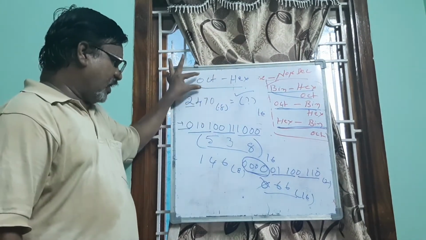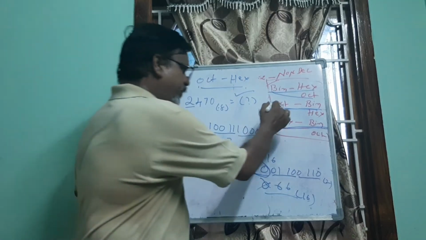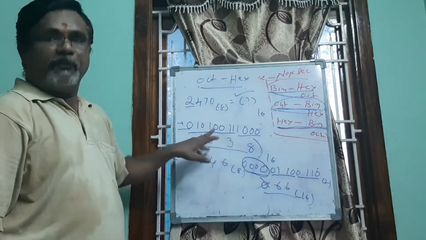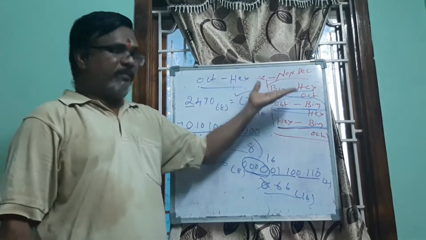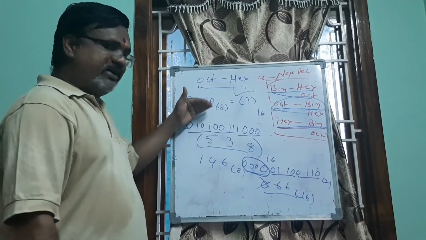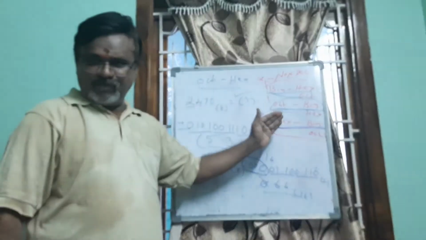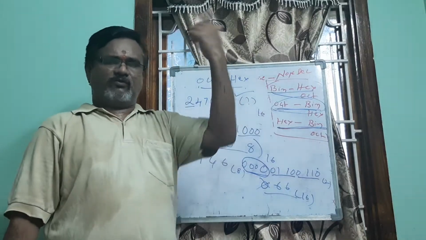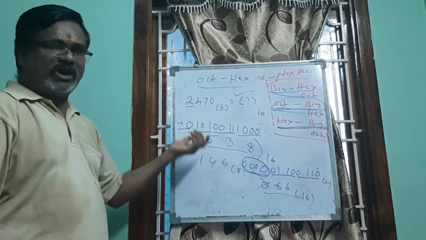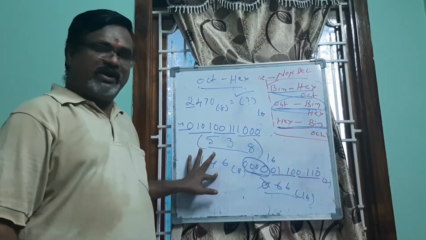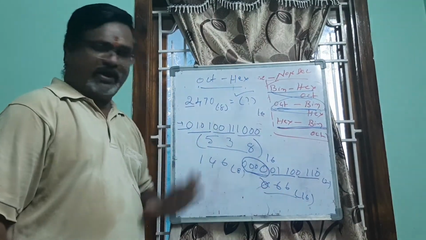First octal you convert into binary. Previously, converting octal to binary, we proceeded in another method: converting the octal number first to decimal, and the decimal number divided by 2, getting binary. That is one way. This is the direct method. The shortcut method is converting octal to binary, and then binary to the equivalent hexadecimal value like this.